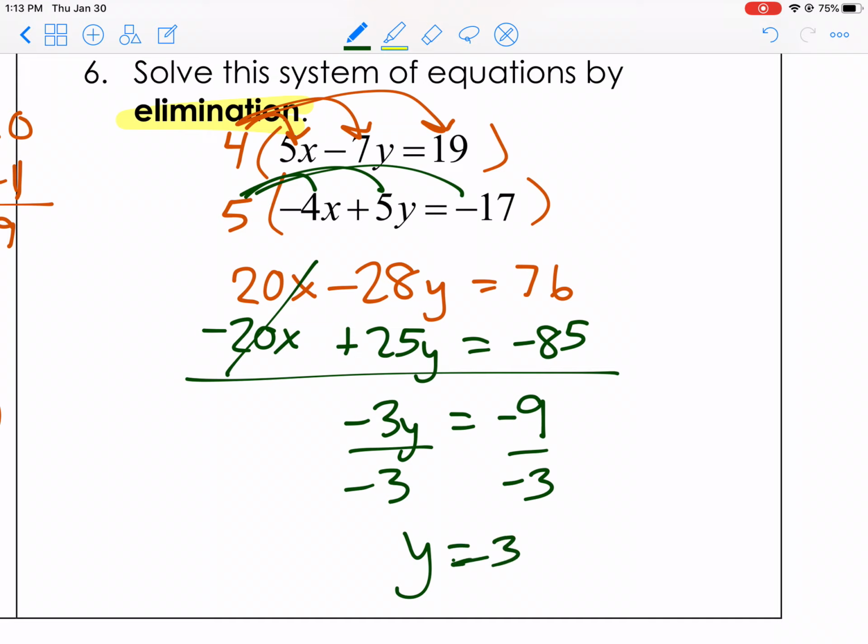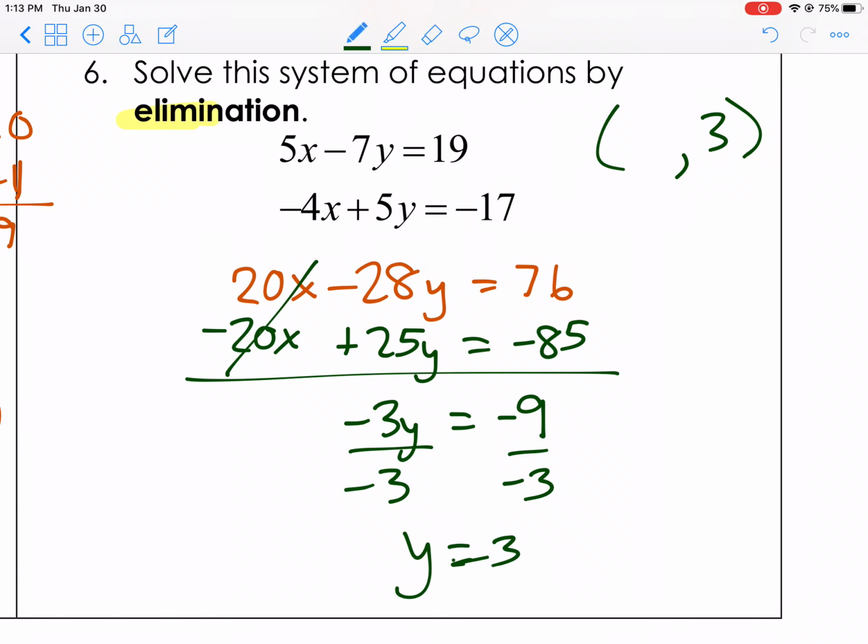All right, we find that y equals 3. So if y equals 3, I want to plug it into one of these two equations and see what x equals. So let's see, maybe I'll use this one. 5x minus 7 times 3 equals 19.